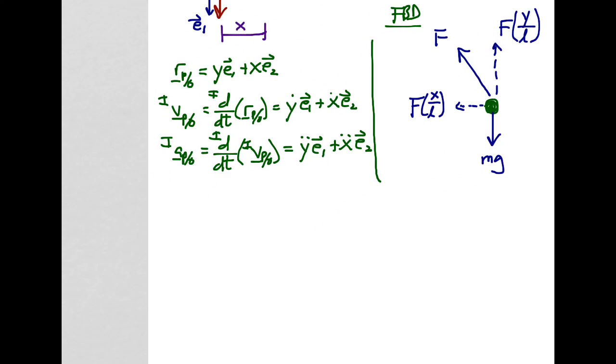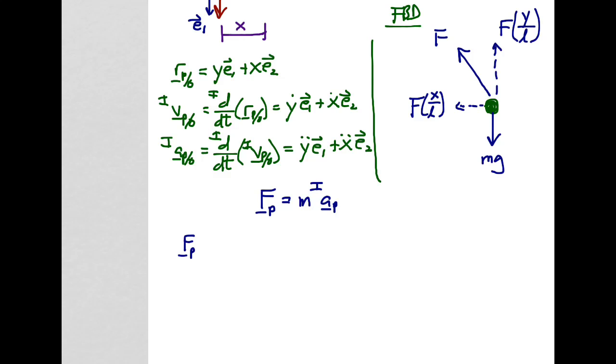So we apply Newton's second law, and Newton's second law says the force, this is a vector, applied to point P is equal to the mass multiplied times the acceleration of point P as observed in the inertial reference frame. So we need to define these vectors.